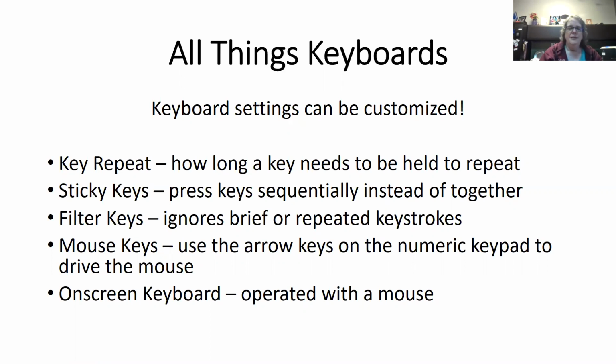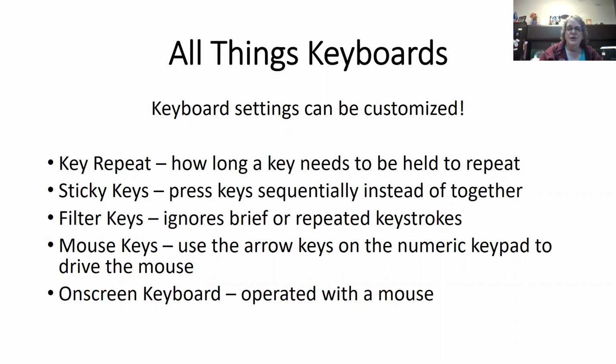Maybe somebody, because of tremors, hits the key more than once. You can use Filter Keys to ignore brief or repeated keystrokes. Maybe somebody can't use a mouse, but can use a keyboard. This happens a lot for folks who have had tremors.